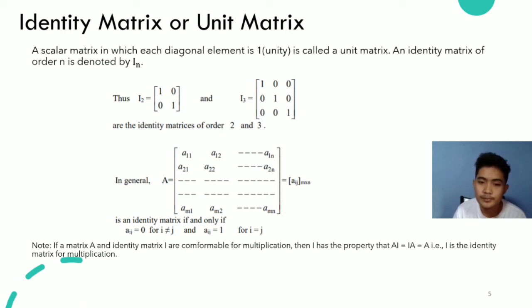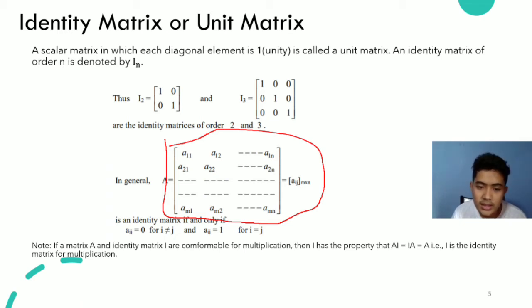In general, A becomes like this, and is an identity matrix if and only if aij equals 0 for i not equal to j, and aij equals 1 for i equal to j. Note, if a matrix A and identity matrix I are conformable for multiplication, then I has the property that for matrix multiplication.